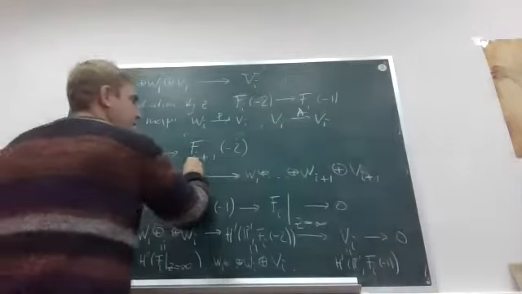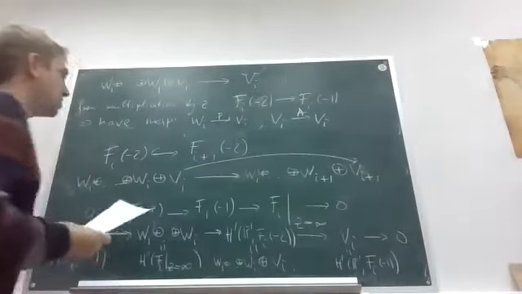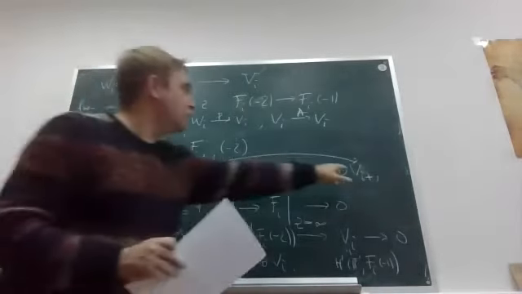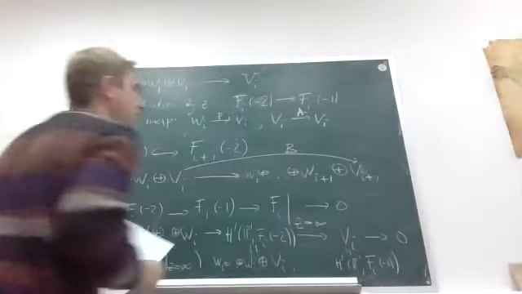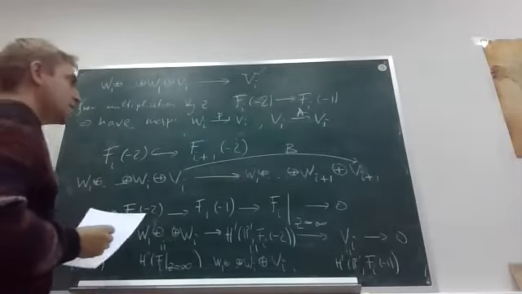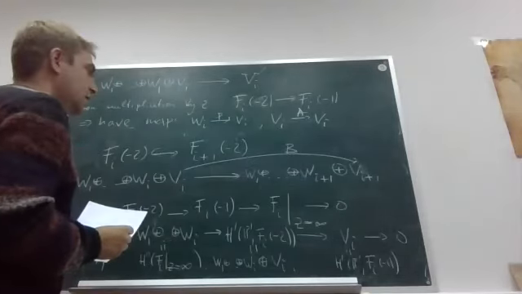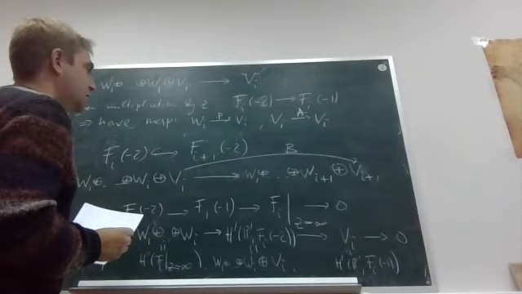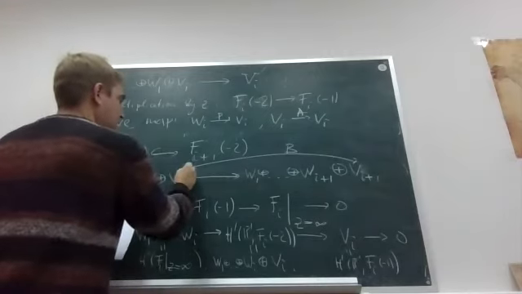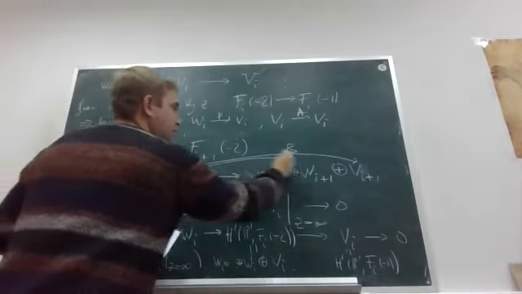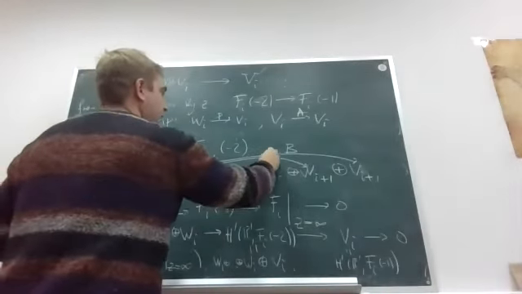Taking the component which maps Vi to Vi plus 1, I get the map Q.